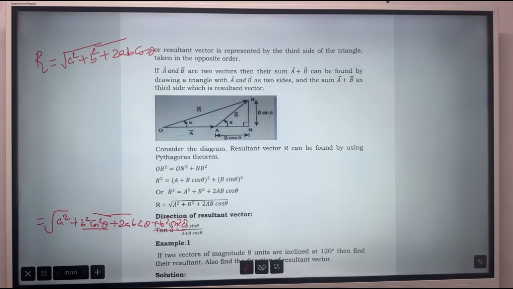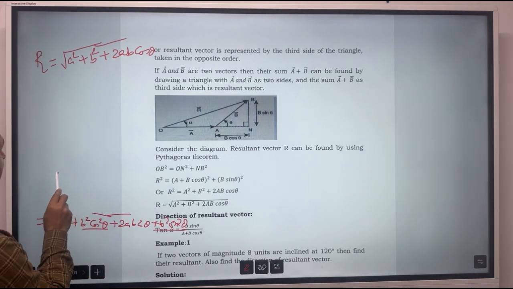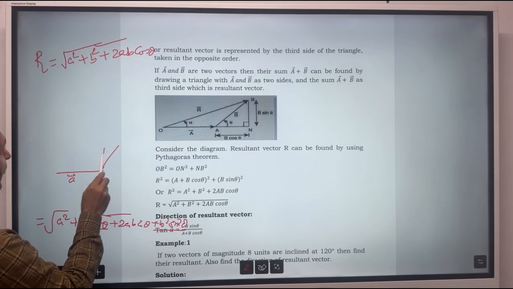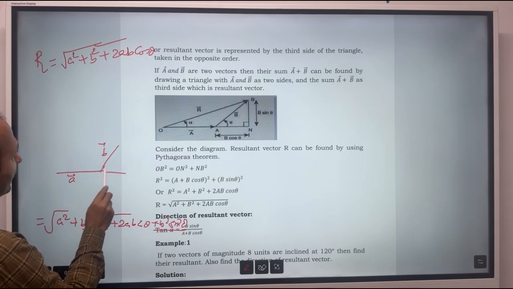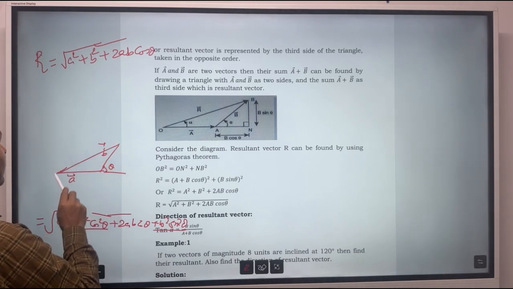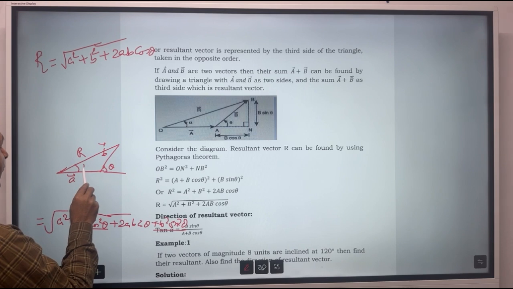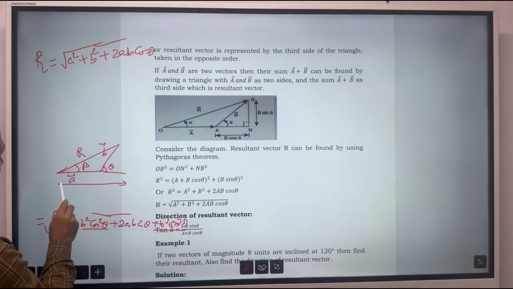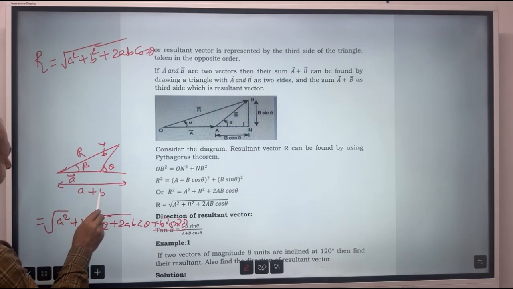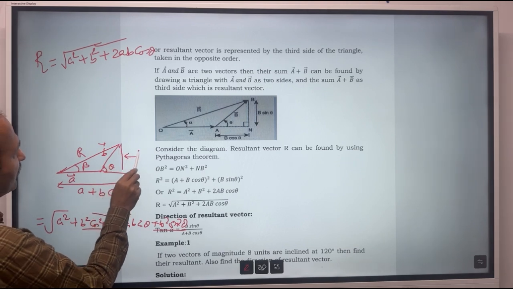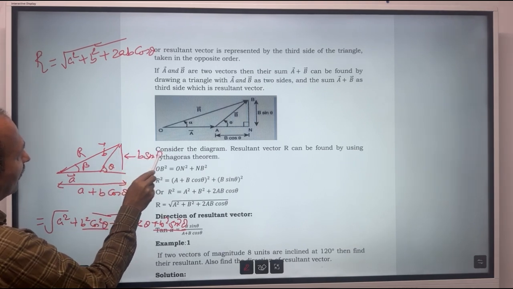Now, as you have seen, this is the first vector, this is another vector, the second vector, and this is the angle between them, theta. And the resultant is here. Now suppose you want to find out this angle, say this is beta. It is simple, as you know, up to here it is A plus B cos theta, and this perpendicular distance is B sine theta.